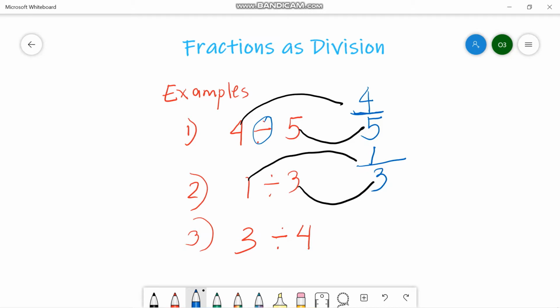So 3 divided by 4, it's also the same as 3 as the numerator and 4 as the denominator. So have you seen the pattern? So the dividend is the same as the numerator and the divisor is the same as the denominator.